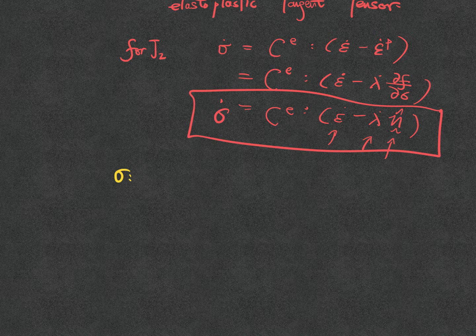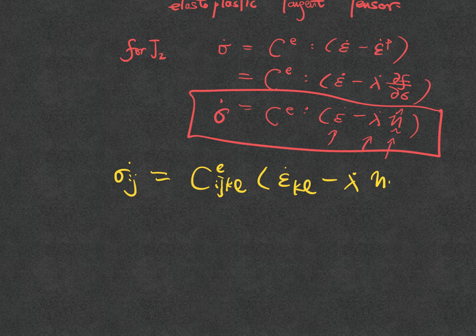I will have epsilon ij dot equal to C^E ijkl times epsilon kl minus lambda dot n kl. Okay, so far so good. I'm just rewriting this; they're identical.